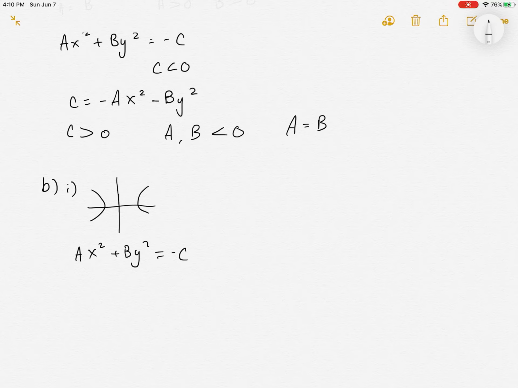And then B has to be positive because it has to be turned into ax squared minus by squared. So A must equal negative B, and C for this has to be negative.